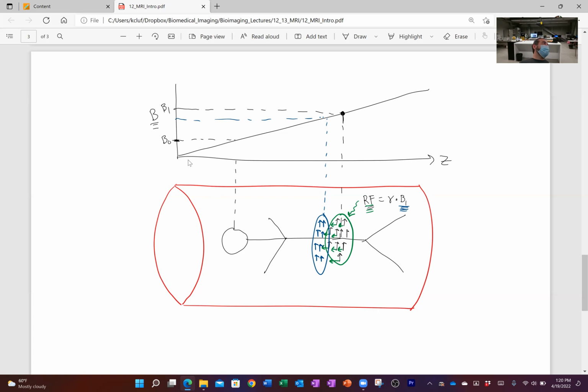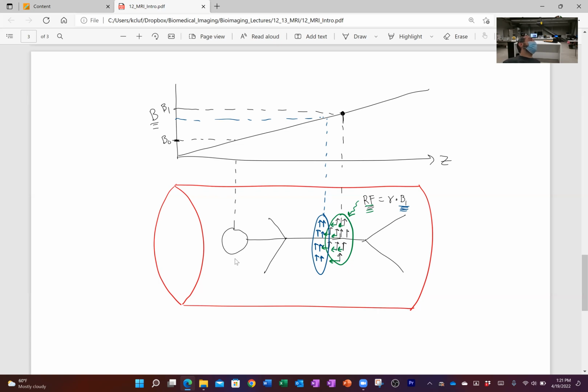And so what does that do? Because the frequency of precession is equal to the gyromagnetic ratio times the strength of the B field, that gives a different frequency of precession along multiple slices of the body, okay? So along this slice, closer to the feet, the frequency of precession would be higher, and then in the head, where there's a lower B field, the frequency of precession would be lower, okay?